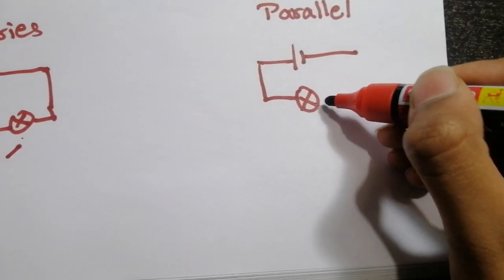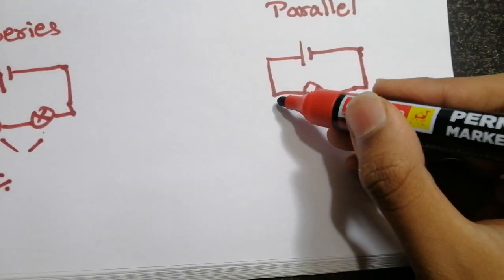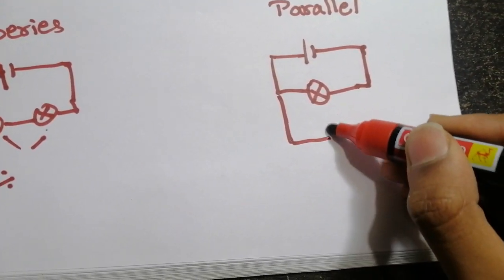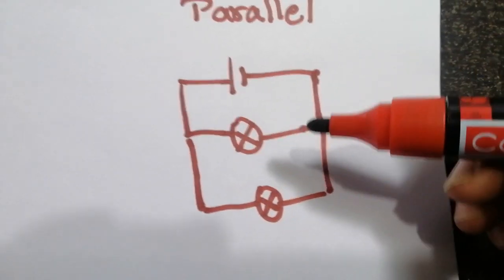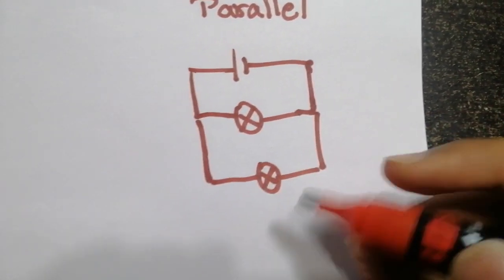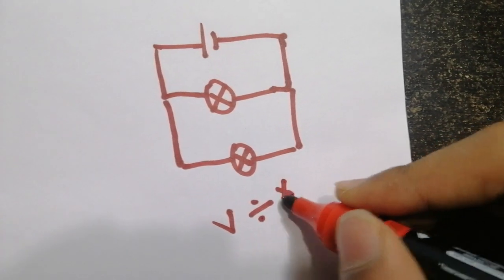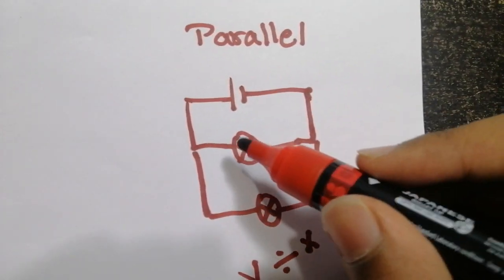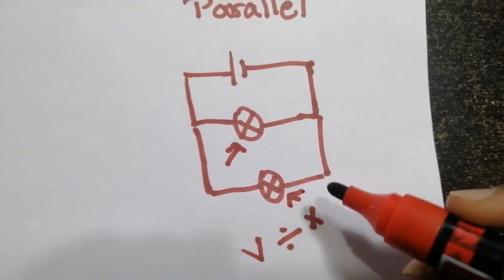So this is a bulb in this branch, and then a parallel circuit would have another branch with another component here. In these kinds of circuits, the current would be flowing through each of them again, but here the voltage does not get divided. So the same voltage will flow through this as in this.